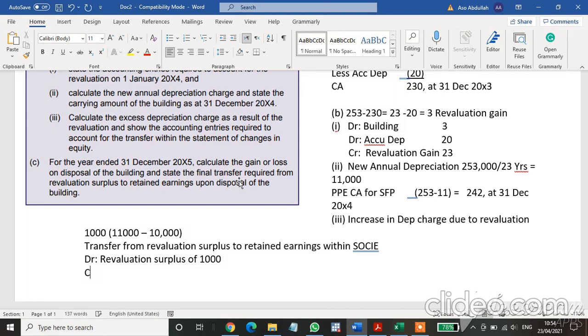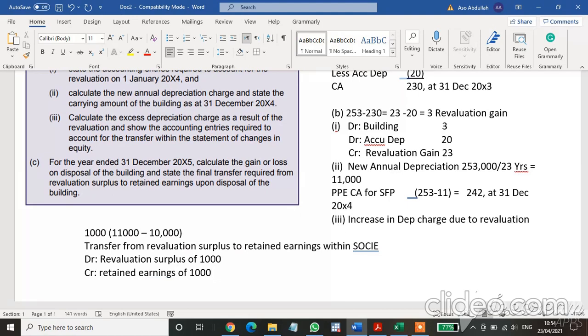And credit what? We need to credit 1,000 pounds somewhere. We are going to credit retained earnings, since we gain retained earnings from here, of 1,000 pounds.